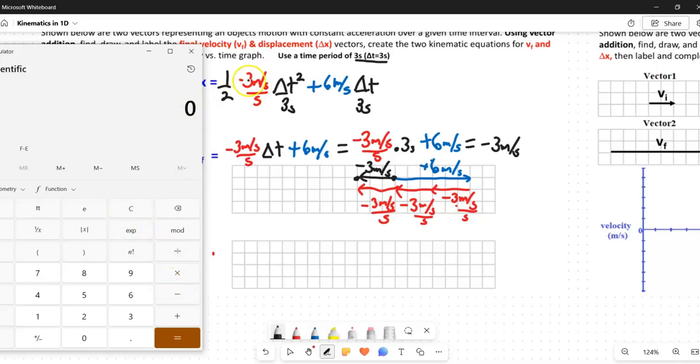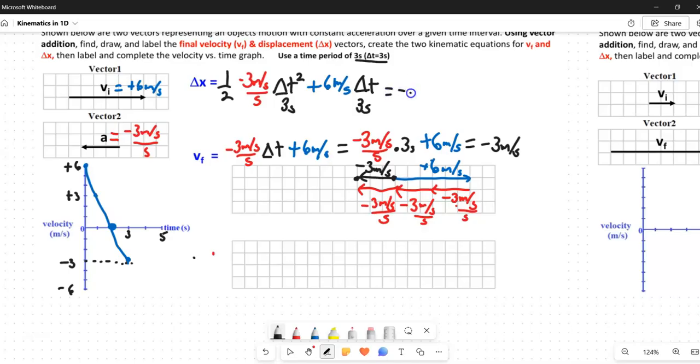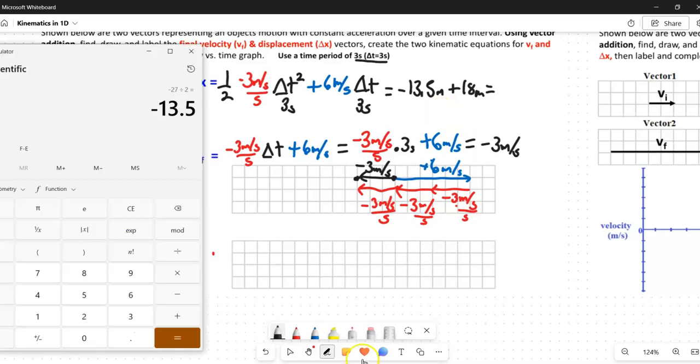Because this is negative 3, it's going to be 9 times 3, which is 27, divided by 2, negative 13.5. And you know what? I'm just going to write that down. Negative 13.5 meters. That's this first part. And this is going to be plus 6 times 3 is 18 meters. So, what is that? Plus 18, 4.5.